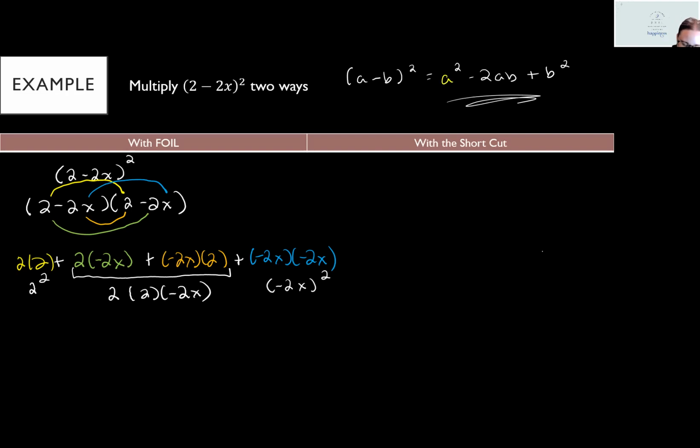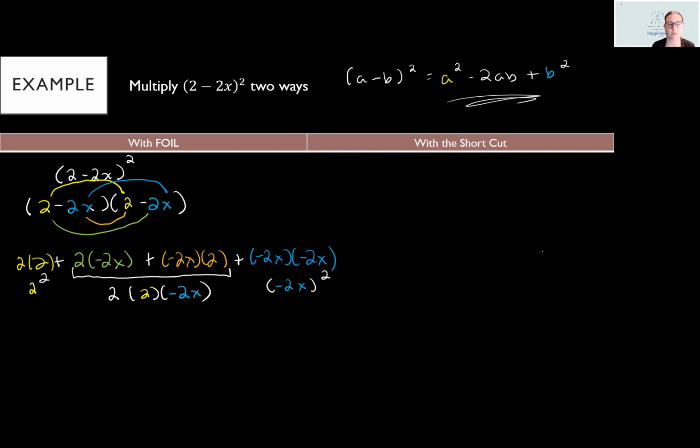So let's say that this is going to be yellow. So I've got a yellow squared here, and that's where this comes from. And then our 2x, say, is blue. So our negative 2x is right here, and that comes right here.